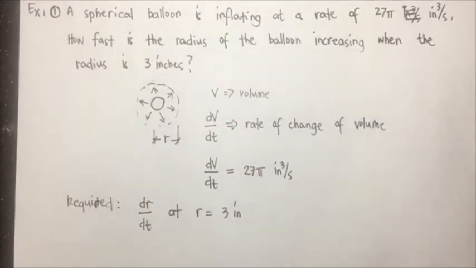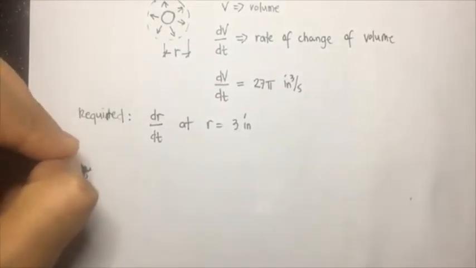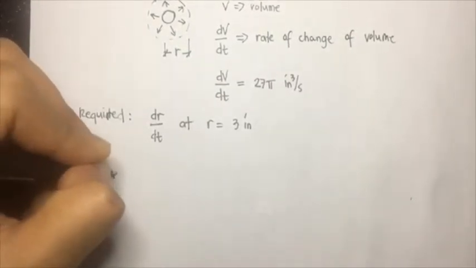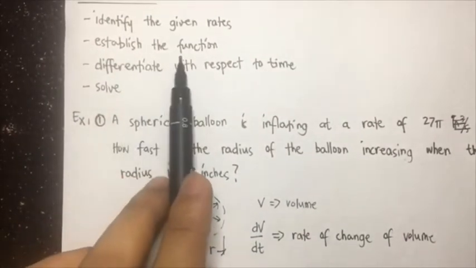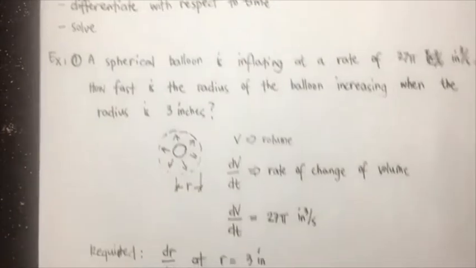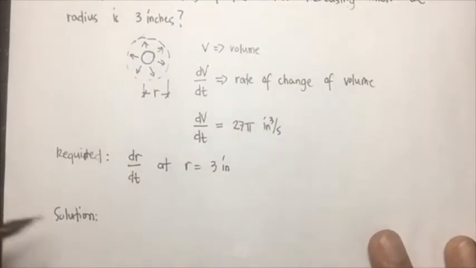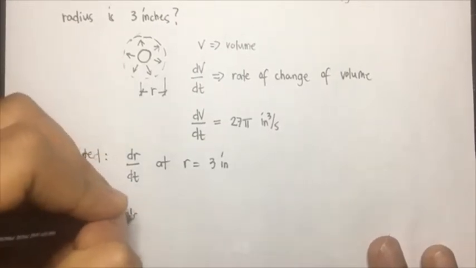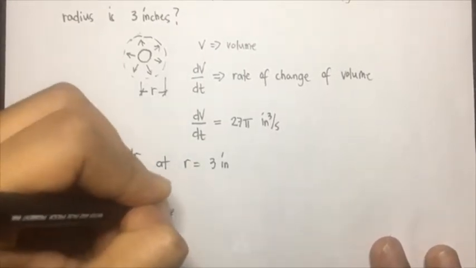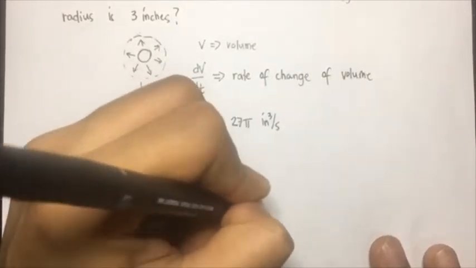For our solution, we will now establish our function. The function must relate the rates, so we need a function relating volume and radius.